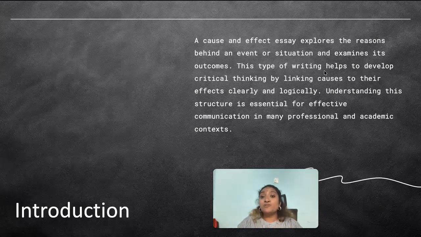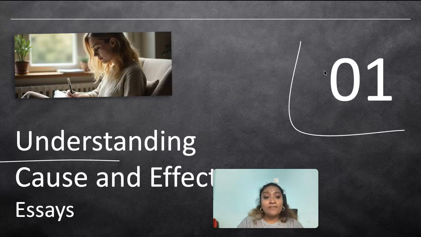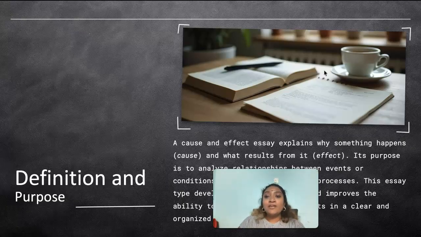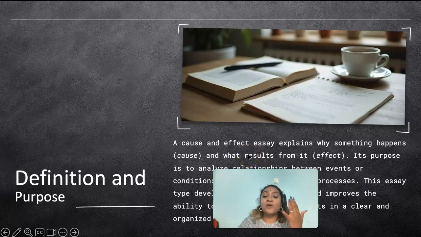Of course, we will be using our linkers. These explanations have to be clearly mentioned, and they need to be logical as well. You must always remember that if you look into your book, Unit 5 on the writing section, they have provided you a very simple definition of what a cause and effect essay is.